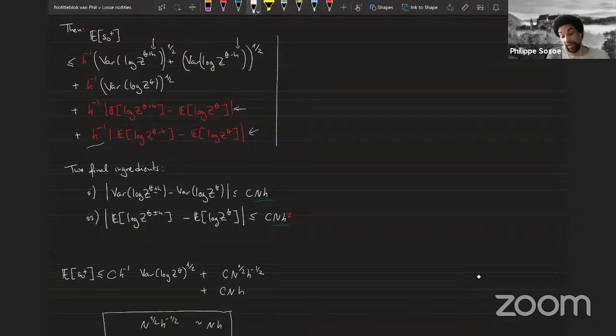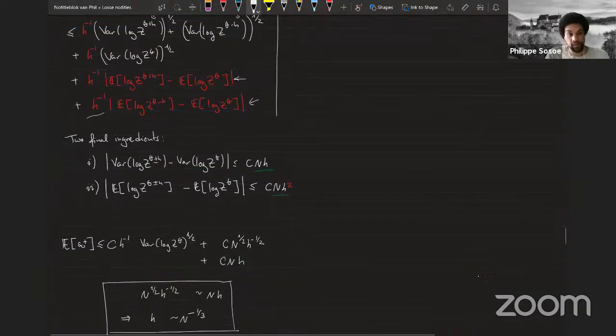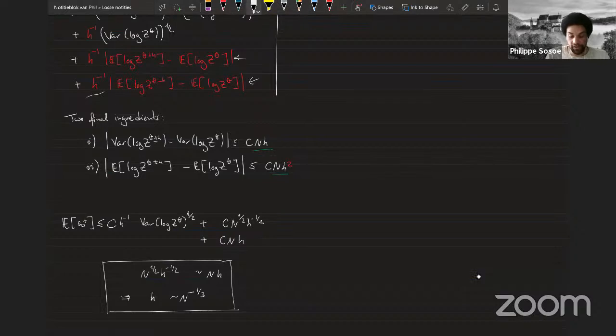Okay, so as I said here, h was still a free parameter. This was true for every positive h. Let's choose h so as to make these two error terms of the same order. If you choose h to make these two error terms of the same order, that fixes h. That's where the 1/3 finally appears.